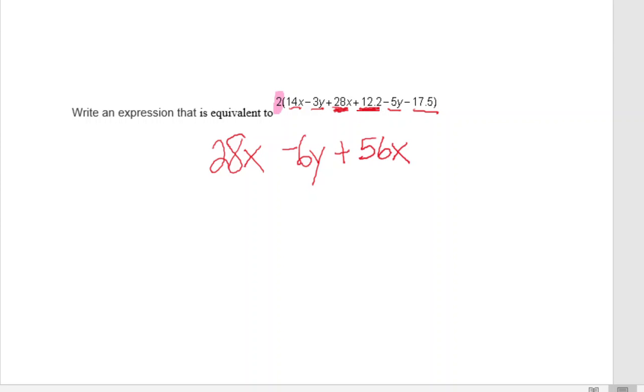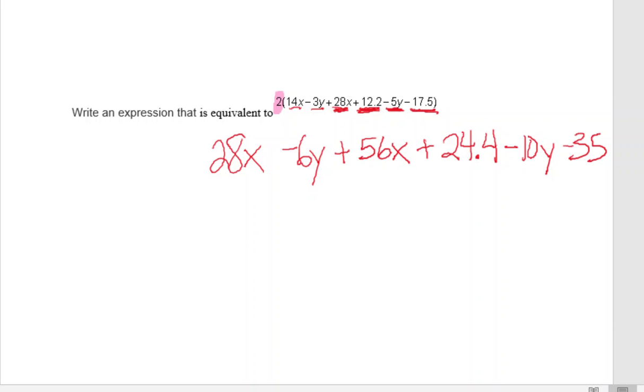Positive 2 times positive 12.2 is positive 24.4. Positive 2 times -5y is -10y. And then positive 2 times -17.5 is -35. So this expression is equivalent.